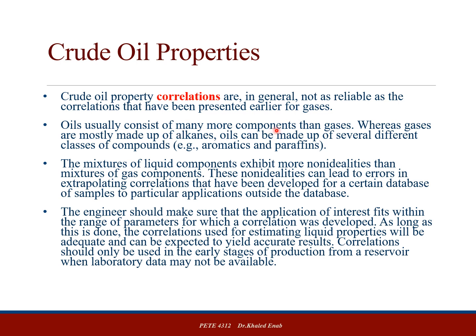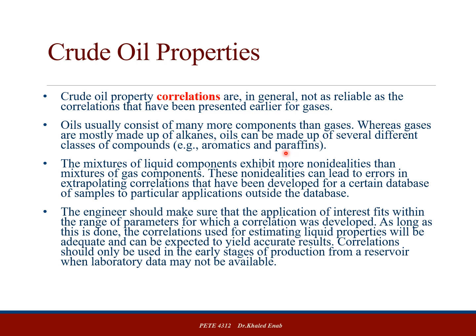Because oil has more components than gases, where gases are mostly made up of alkanes, oils are made up of alkanes, aromatics, and paraffin. These affect the correlations, because keep in mind that when we develop a correlation, we test different scenarios within a range of variability for one or two parameters.